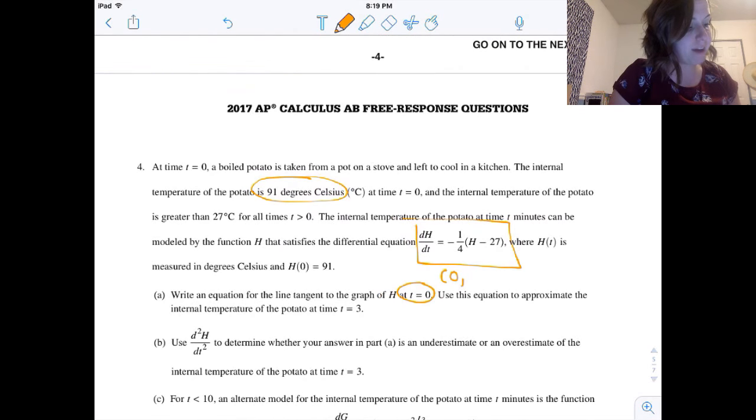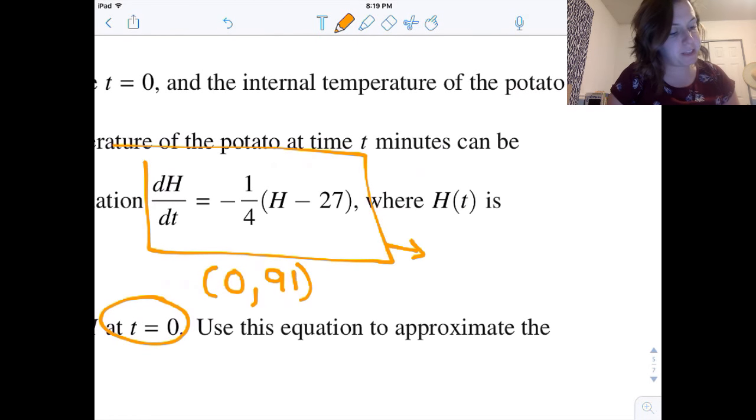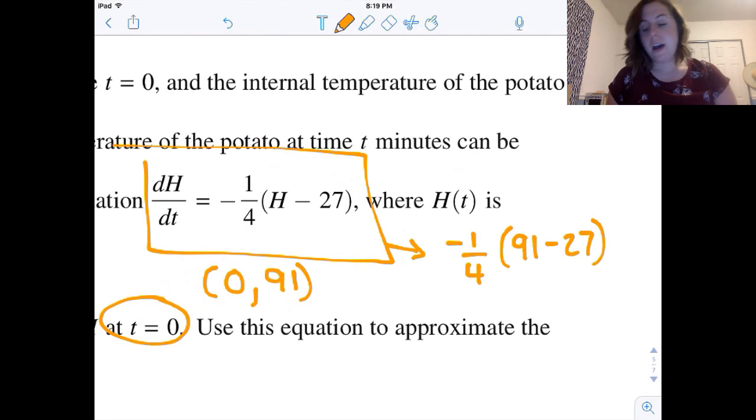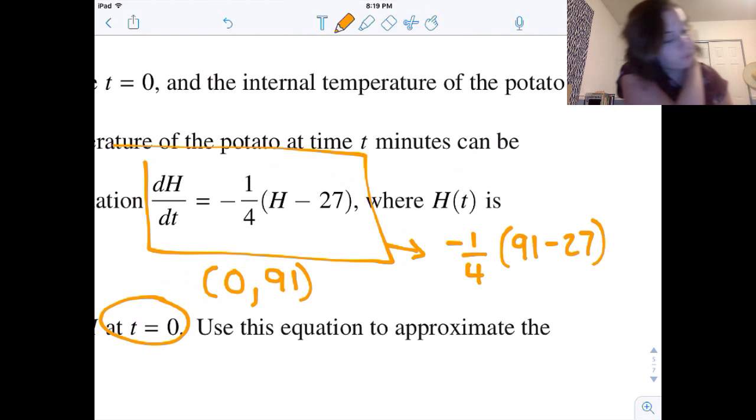Right? They tell me that. And so to get this value, I'm going to plug this into here. So it would be negative 1/4 (h minus 27). Okay? So 91 minus 27 is 64. And so negative 1/4 of 64. Again, this was calculator active. So that would be negative 16.